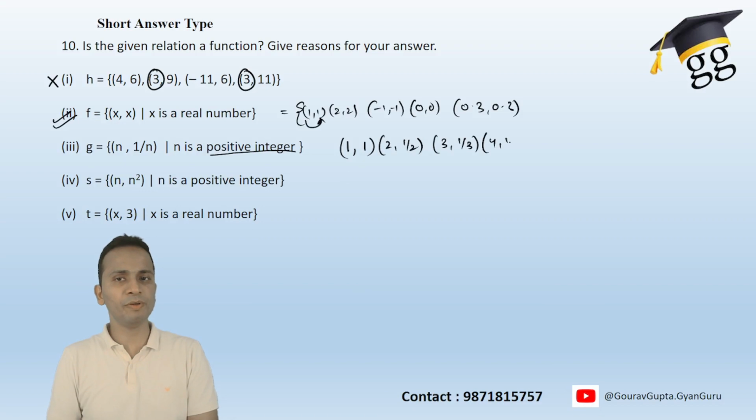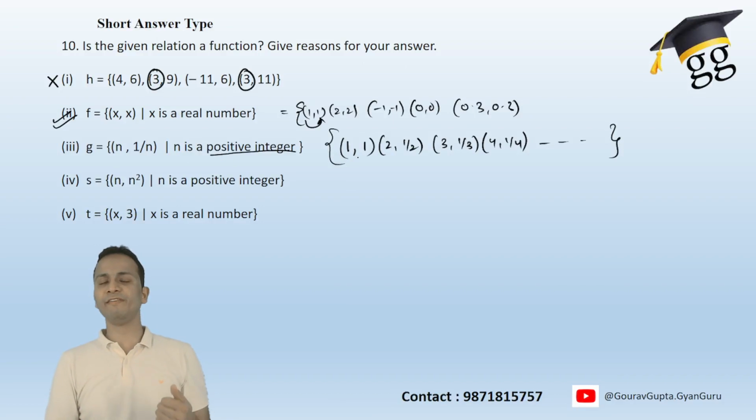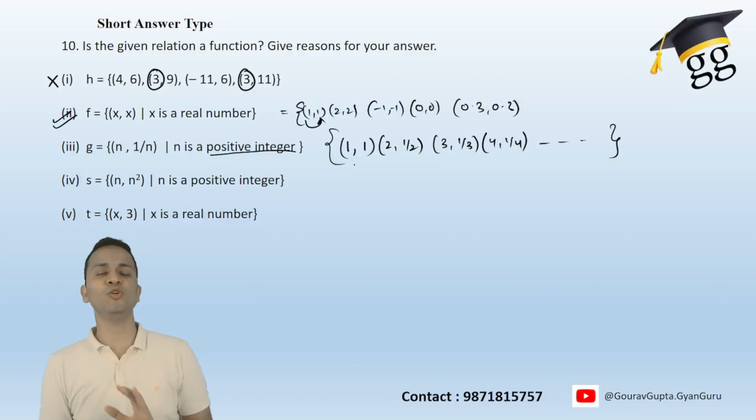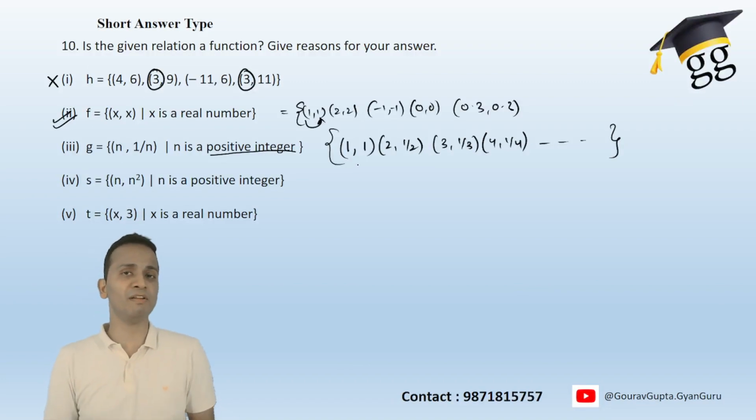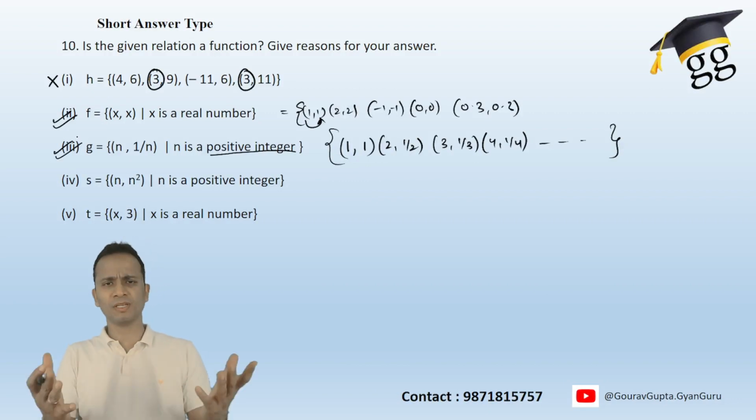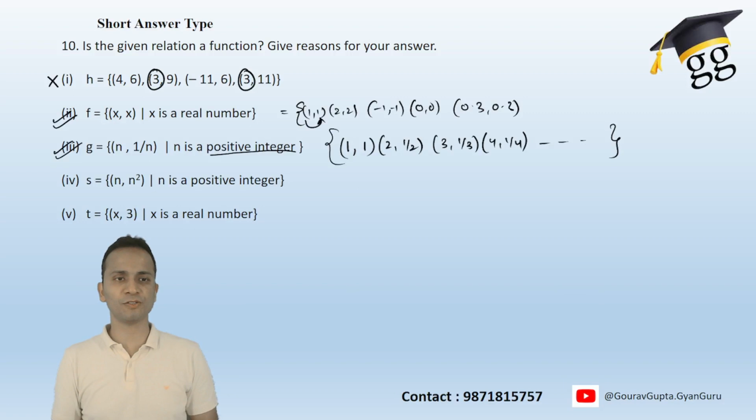For 4, it will be 1 upon 4, and so on. It will keep on going like this. So for every value of x which is there in the domain, I have a unique value of y. I don't have multiple values of y. So again this satisfies all the conditions of a function, hence this is a function.